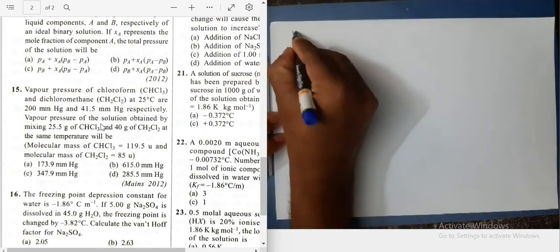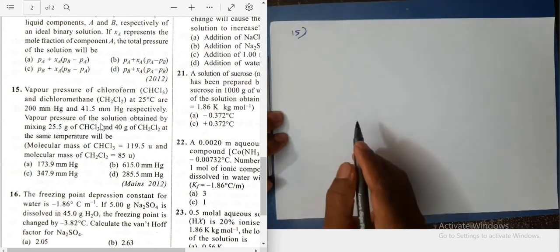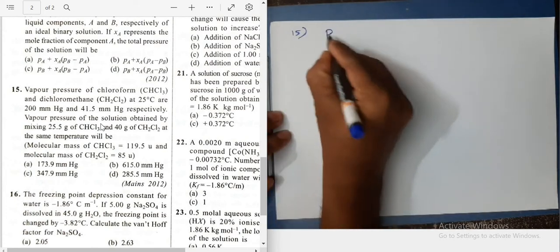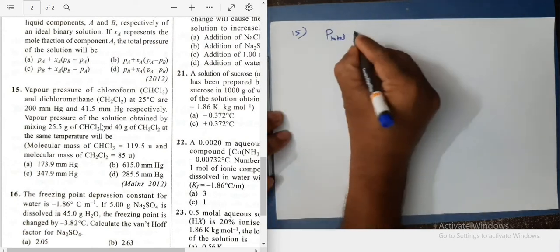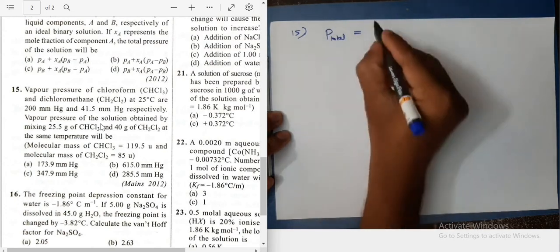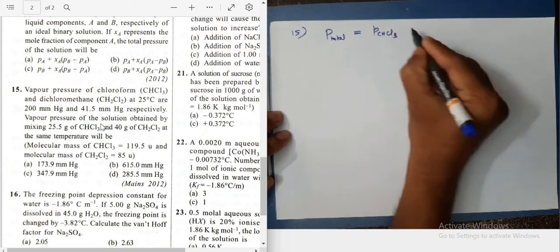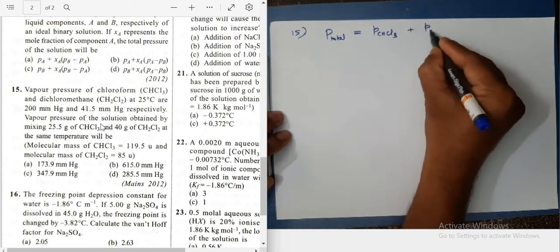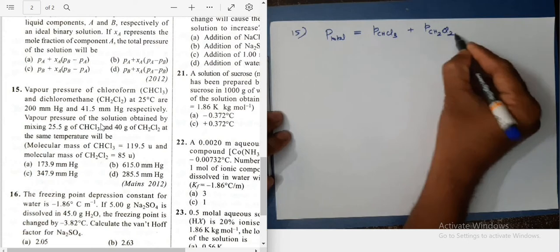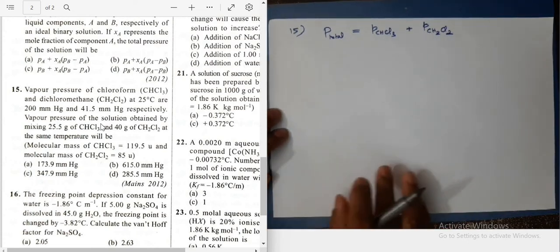Question number 15. You know very well, total pressure is equal to partial pressure of chloroform plus partial pressure of dichloromethane. CH2Cl2 is called dichloromethane.